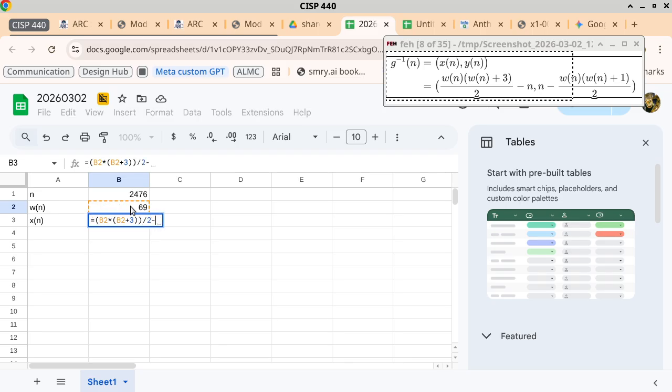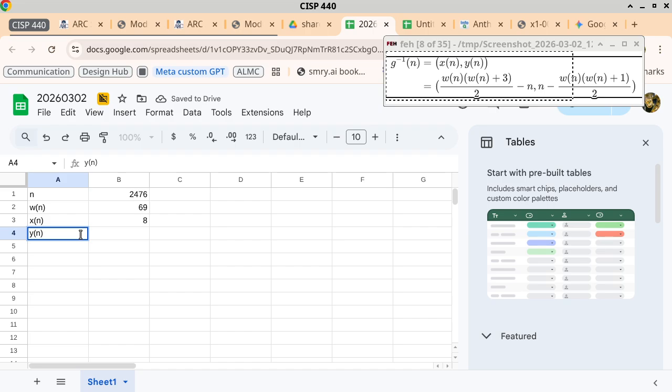And don't forget minus n, which is this number here. Are we good so far? Does everybody relate the spreadsheet formula to G inverse that is quoted at the upper right-hand corner? Press the enter key. So x is actually 8.